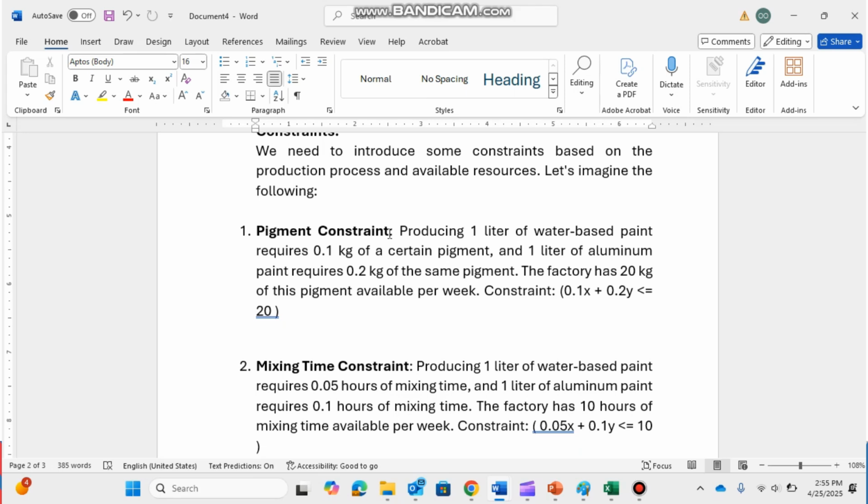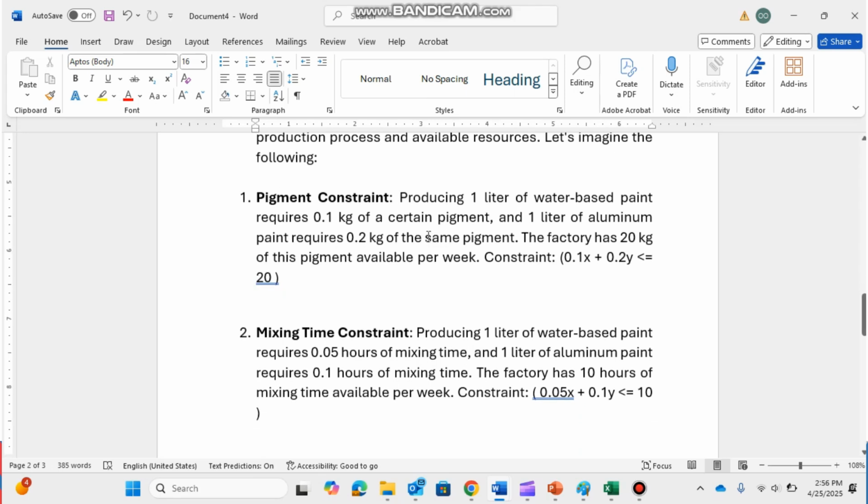Now this is the mixing time constraint. The production of 1 liter of water-based paint requires 0.05 hours of mixing time, and 1 liter of aluminium paint requires 0.1 hours of mixing time. So the factory has only 10 hours to make all this production. So it is stated as an inequality by saying 0.05x plus 0.1y is also less than or equal to 10.